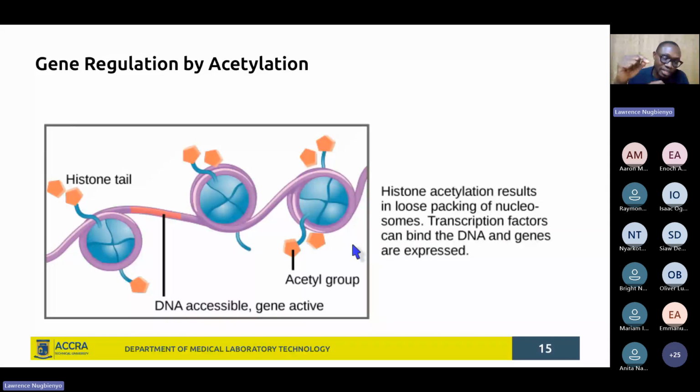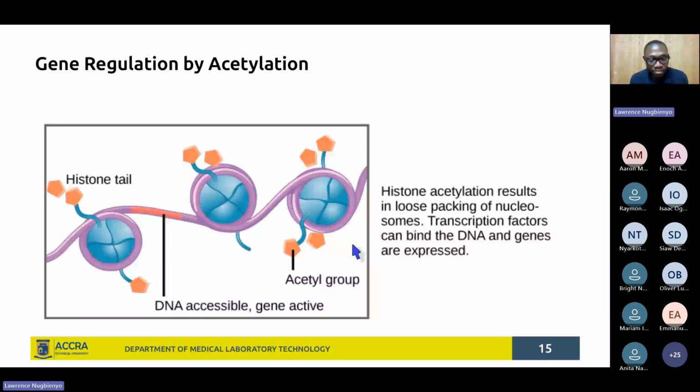Those amino acids are having extra amine groups, like lysine. So those amino acids can have attraction for the phosphate group, the phosphate group in the nucleotides. So they will be binding.